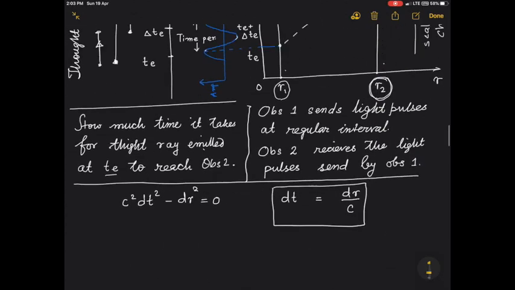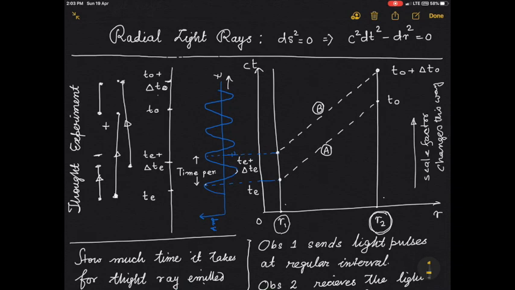You see, when we discussed our experiment, it's interesting that these two observers don't move. They always stay where they are. Their positions remain fixed, R1 and R2. R1 is not moving with respect to R2.